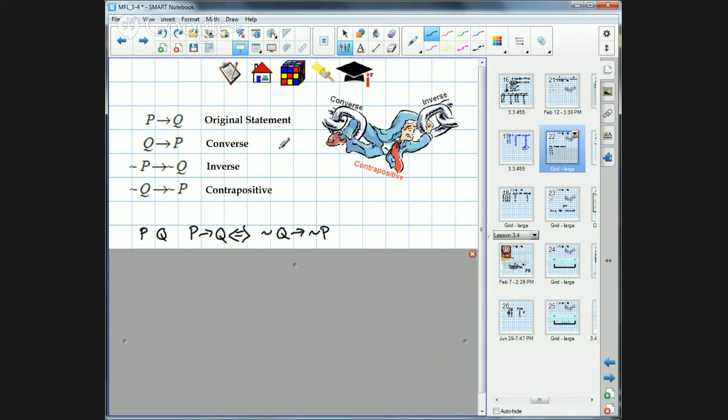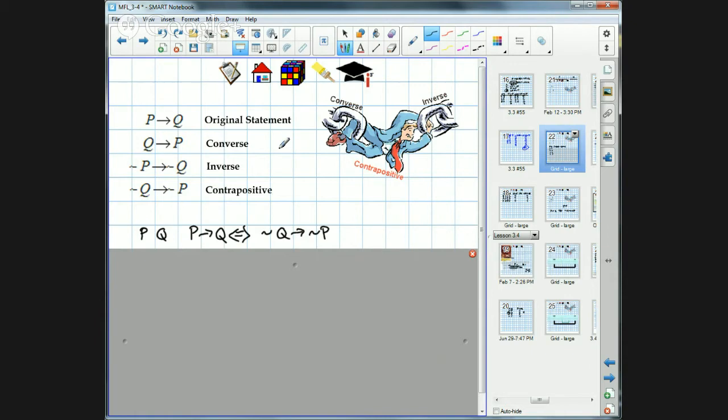Nope, it's not. First of all, what do you think about: if it rains, then the sidewalk will get wet? That sounds true, correct? But how about the second one? Be careful about this. If the sidewalk gets wet, then it must have rained.